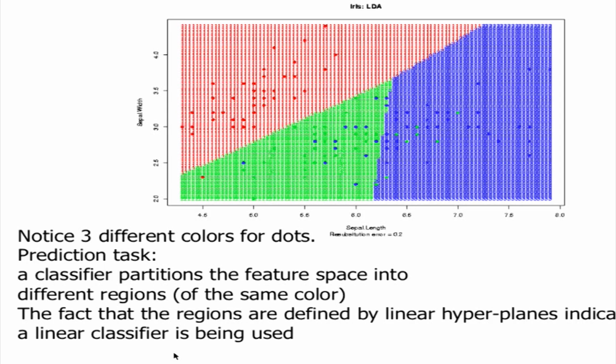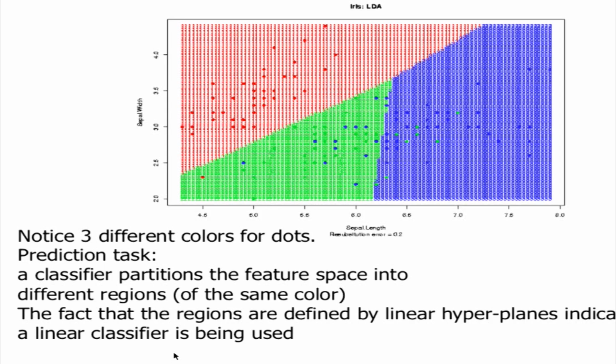Now, when you have a classification algorithm, then it really partitions the plane into regions. For example, here we have a linear discriminant analysis, and what you notice there are these lines that partition different regions. And how would we then classify a new flower?